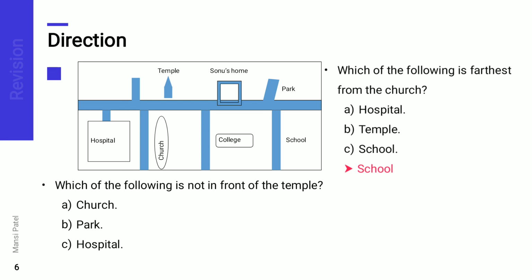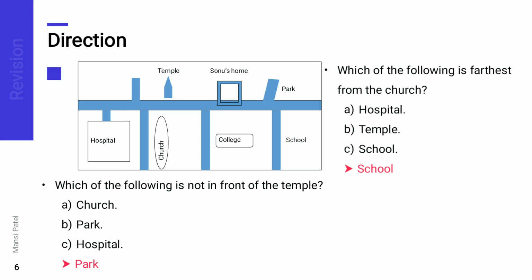Church, park, or hospital? If you see, the church and hospital are both in front of the temple, or we can say on the opposite side of the temple, whereas the park is situated on the same side of the temple.